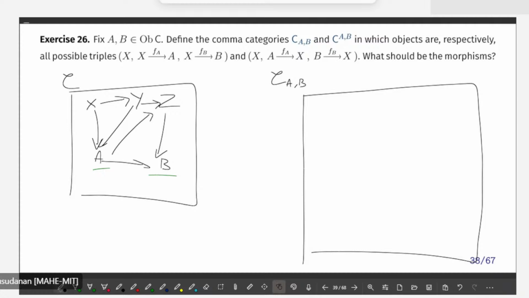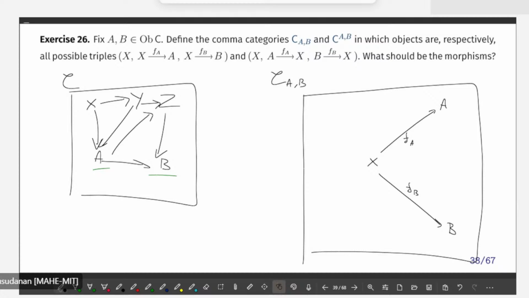So take X and then a pair of morphisms from X to A and B. Call them FA and FB. That's it. No other condition, just this.